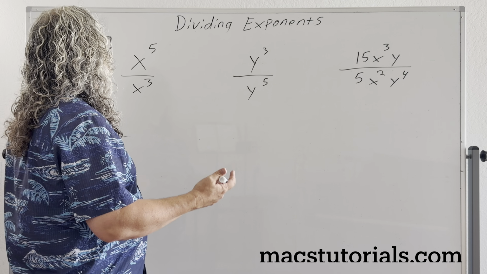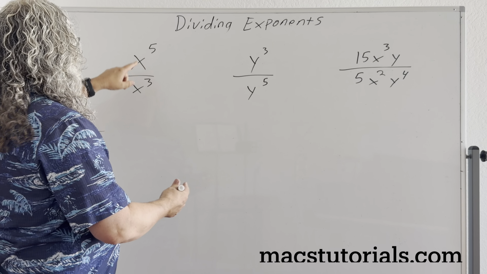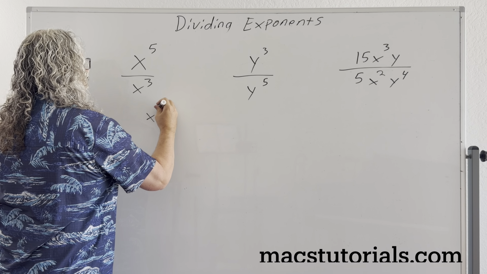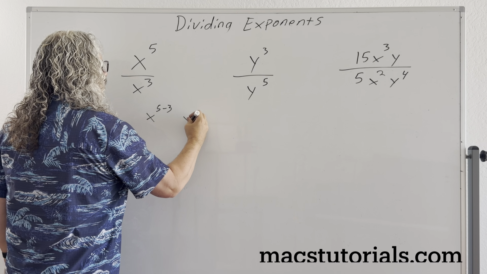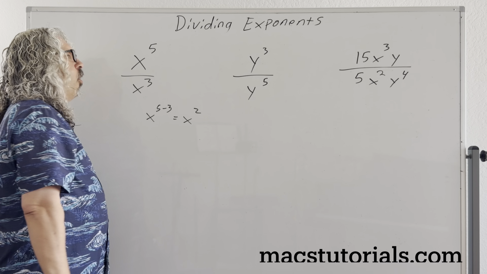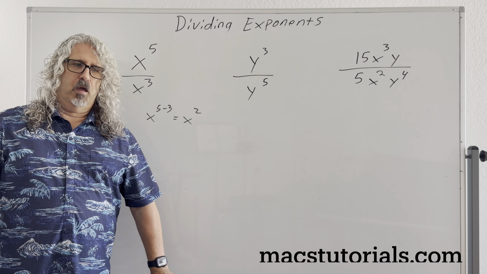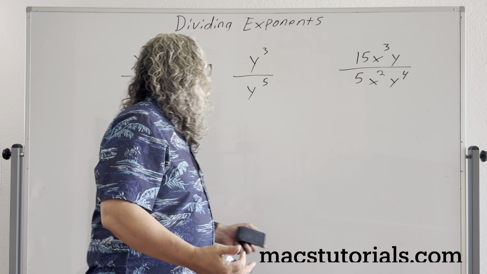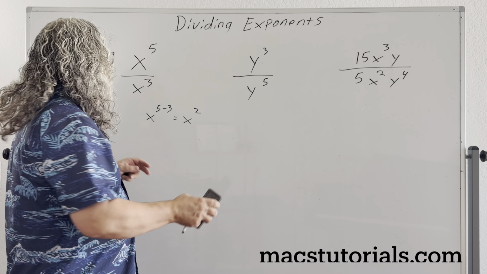So now, you probably learned, and your teacher would show you that, and accurately too, that this is really x to the 5 minus 3, which becomes an x squared. All that's great. What I want to show you, and remember, I work mainly with people who maybe didn't get it the first time and needed another way to look at it.